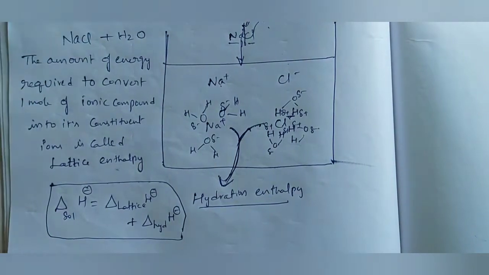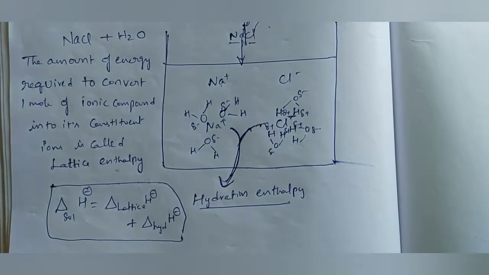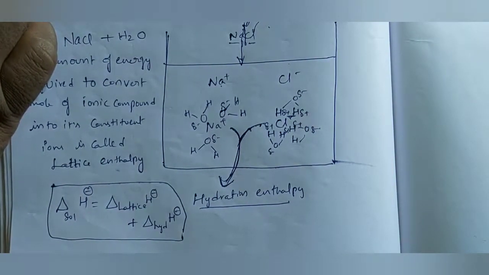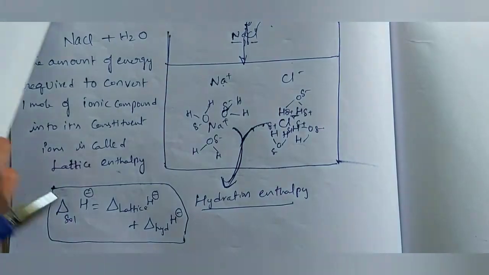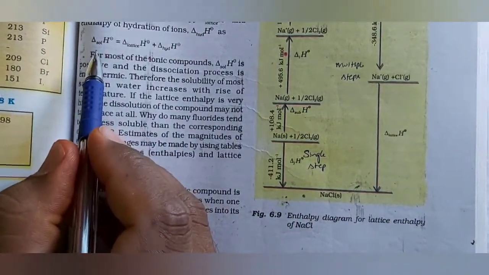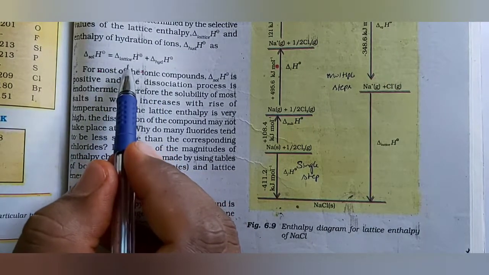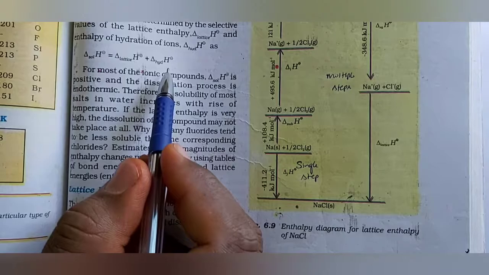Now let us see what we are going to explain in this one. This is called enthalpy of solution. We kept the heading; under the heading enthalpy of solution, we are studying now. Delta H solution is equal to lattice enthalpy plus hydration enthalpy.